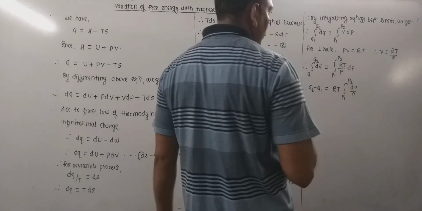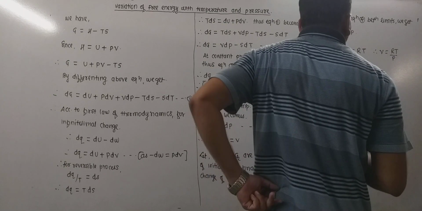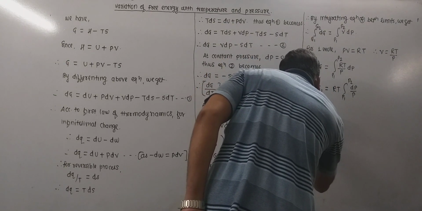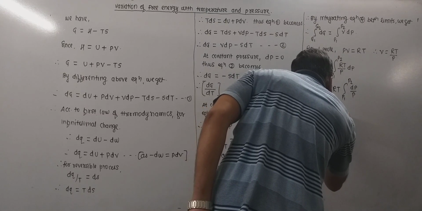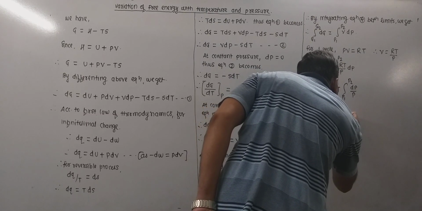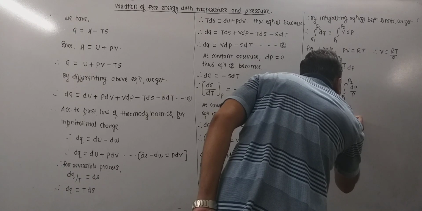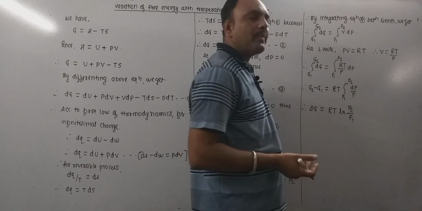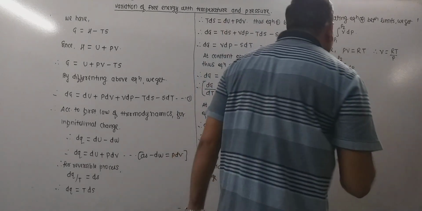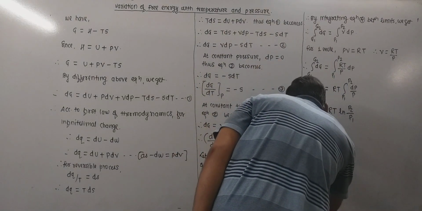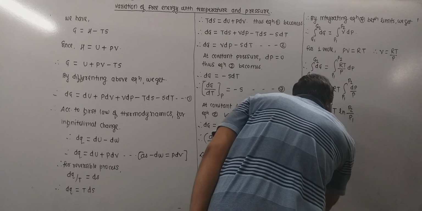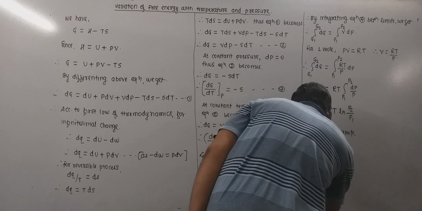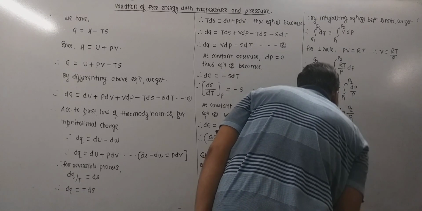Now we know very well that the integration of this gives G2 minus G1, which is the change in free energy, equals RT ln P2 upon P1. Now we know very well that at constant temperature Boyle's law is applicable. So at constant temperature, P1V1 is equal to P2V2.